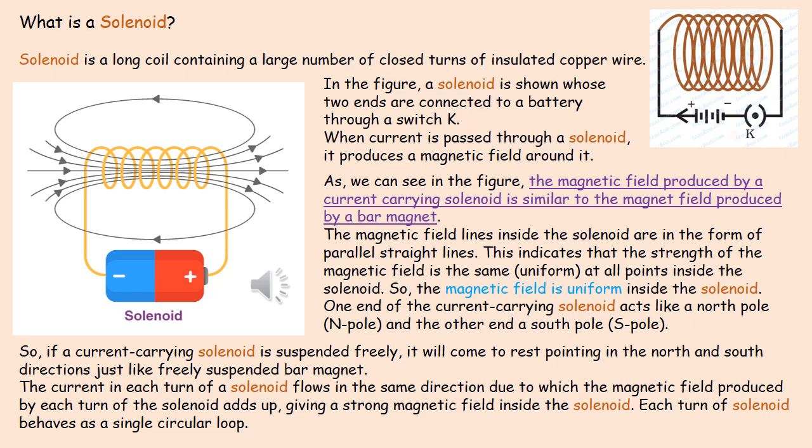In our previous session, we learned the nature of the magnetic field produced around a circular loop carrying current. So, if many such circular loops are added together, as seen in a solenoid, then each loop will produce a similar pattern and it will be added up, and a strong magnetic field will be developed around the coils.